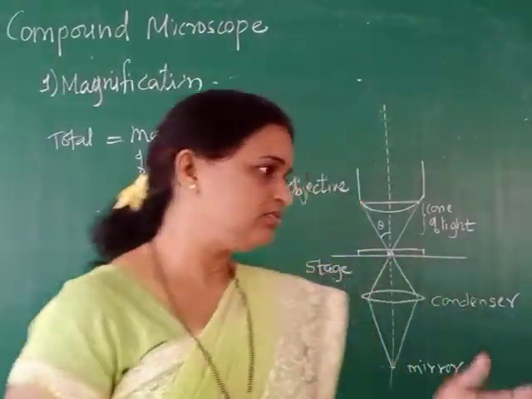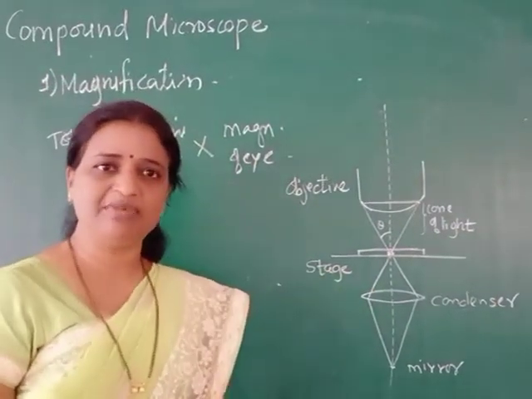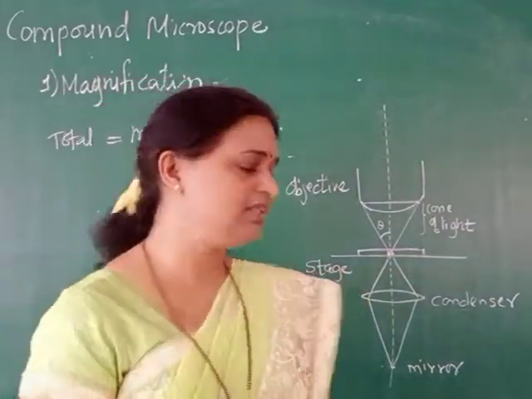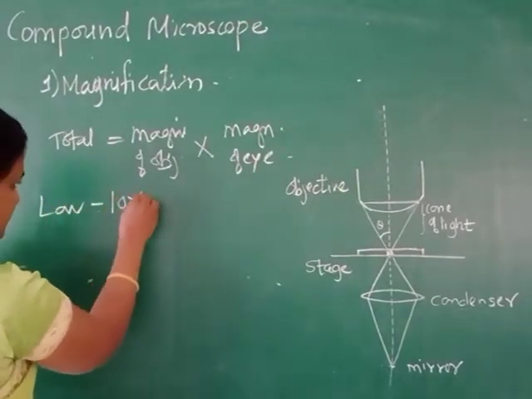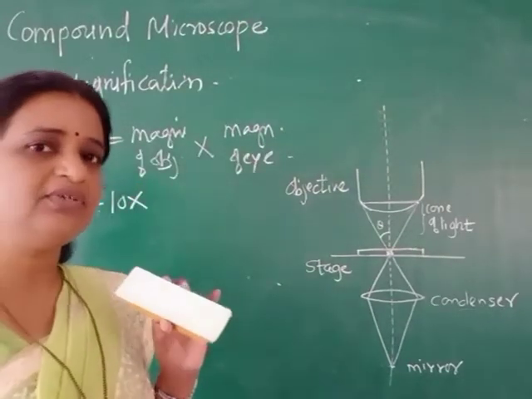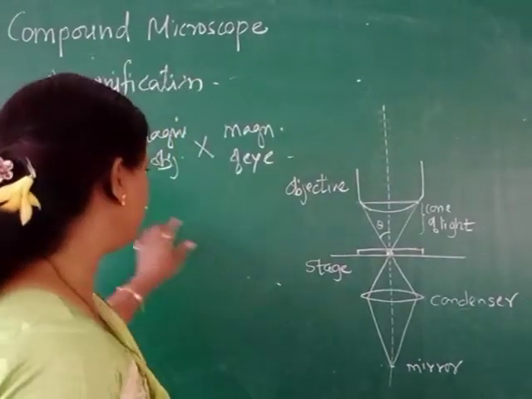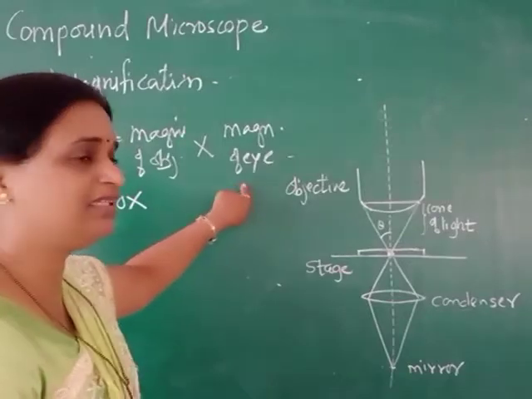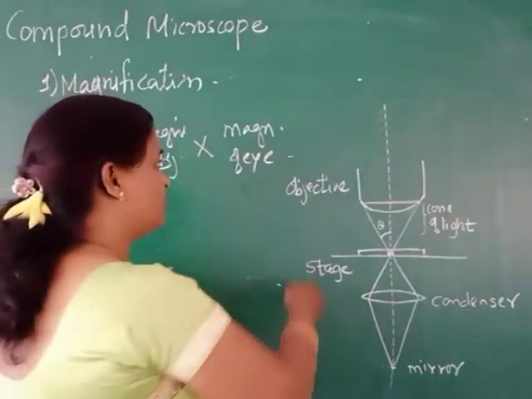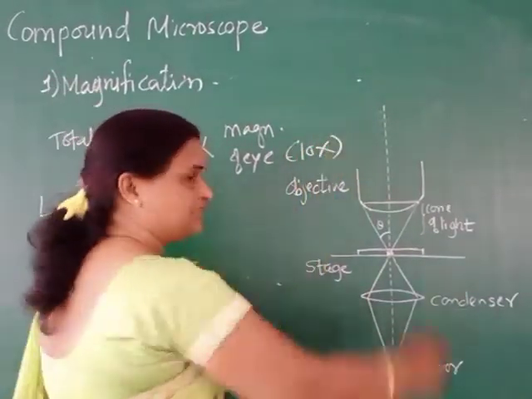Yes, so you can easily calculate the total magnification. If we are working with the low power 10x objective, then what is the total magnification? The total magnification will be the magnification of the low power objective into the magnification of the eyepiece. The eyepiece always carries a constant magnification, that is 10x.